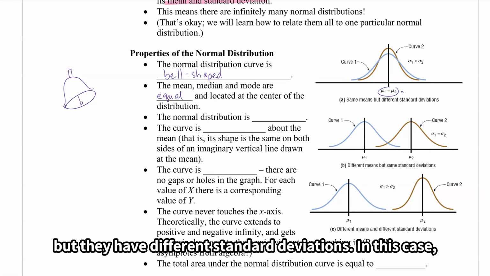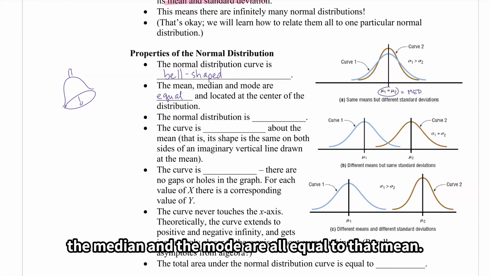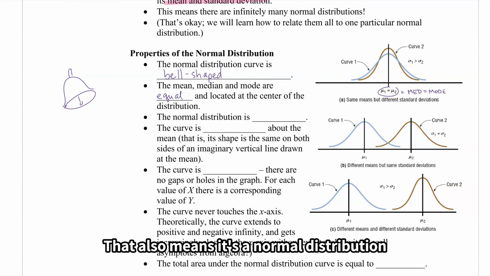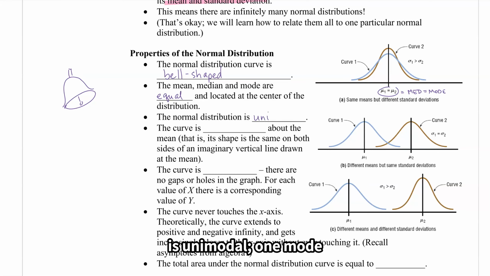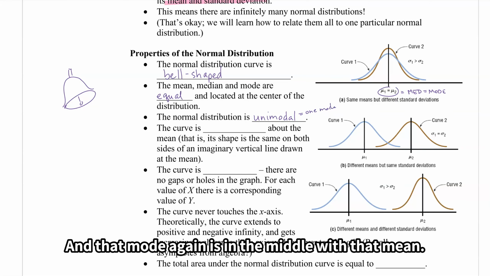In this case, the median and the mode are all equal to that mean. That also means that the normal distribution is unimodal. One mode. And that mode again is in the middle with that mean.